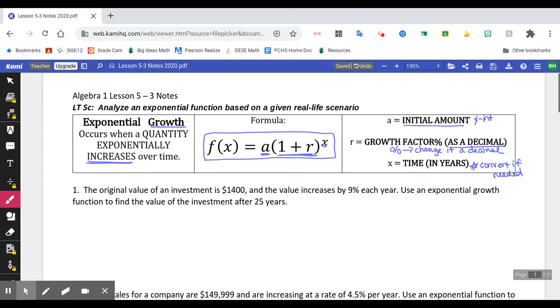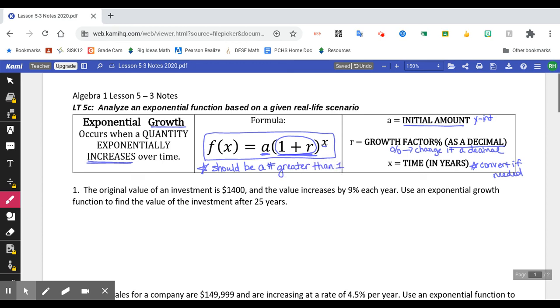This part in here for the growth, every single time, if you notice, is 1 plus the rate. So every time you write this down, it should be a number greater than 1. We talked about that with growth, and we always said that you can tell it's a growth because your b value is greater than 1.